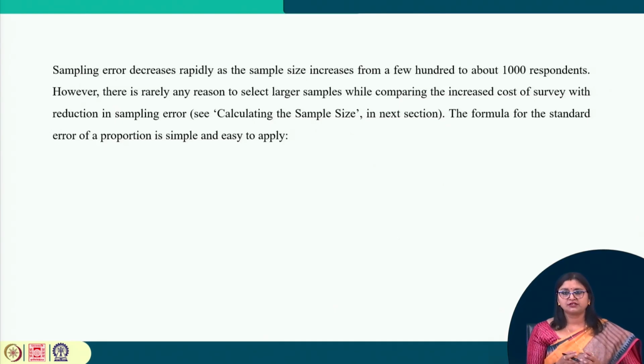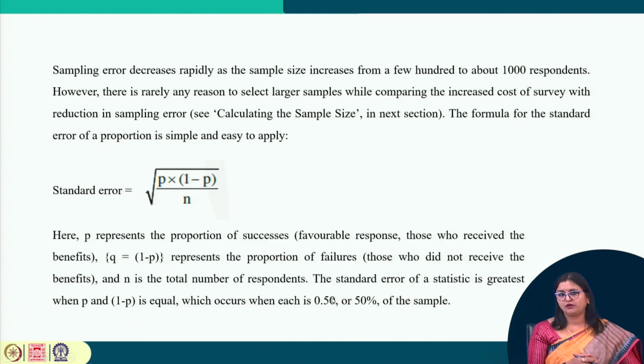In the next session we can discuss the formula for the standard error of proportion, which is simply easy to apply. What is that formula for standard error? That is the square root of p into 1 minus p upon n.